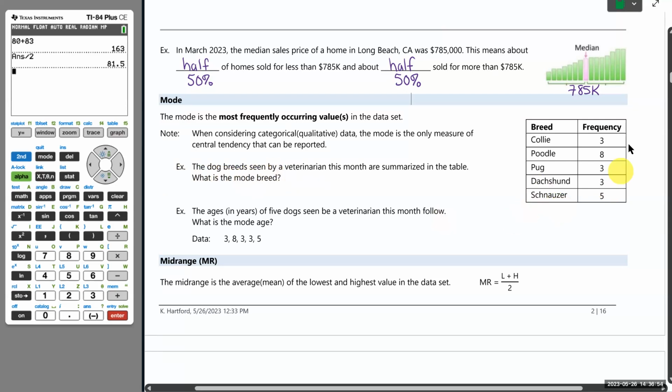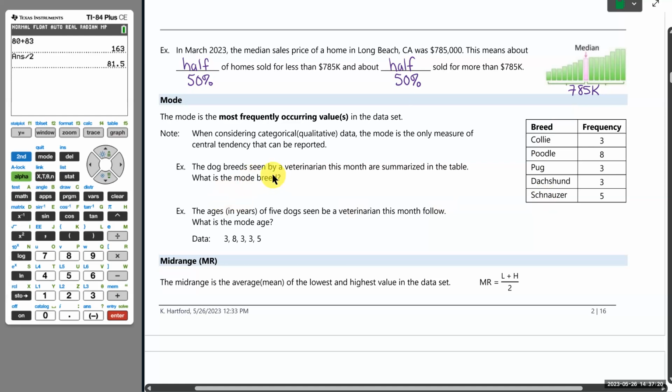All right, so I know it's summarized here, but let me just speak what this table is saying. If I wrote out all the dogs that the veterinarian saw that month, I'd have 3 collies. So I could write it across the page, collie, collie, collie. And then he saw 8 poodles. So poodle, poodle, poodle, poodle, etc. 8 poodles. He saw 3 pugs, 3 dachshunds, and 5 schnauzers.